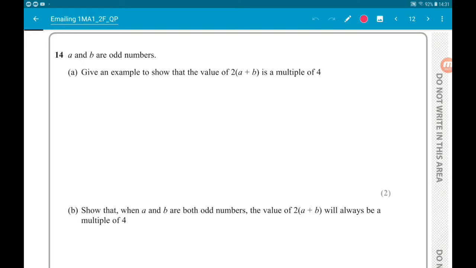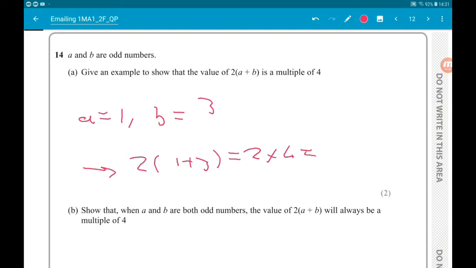But let's say that A is 1 and B is 3, and then two lots of 1 add 3 is 2 times 4, which is 8. 8 is a multiple of 4.